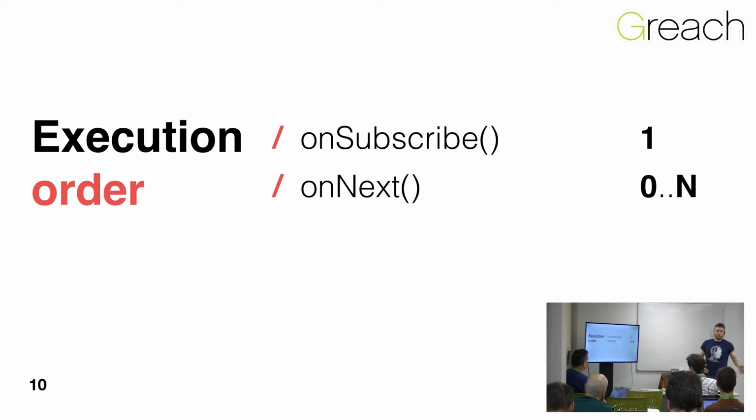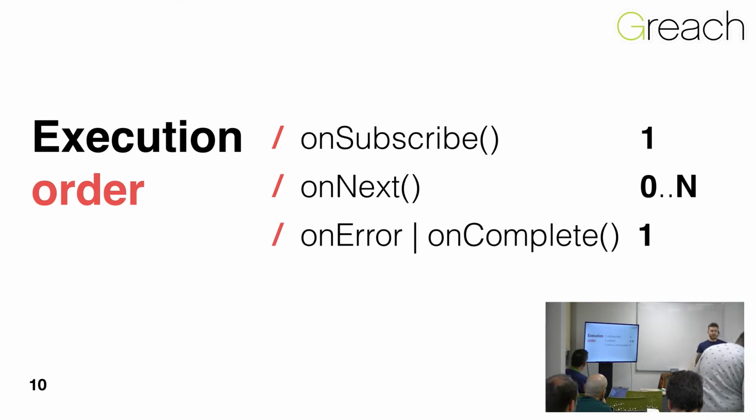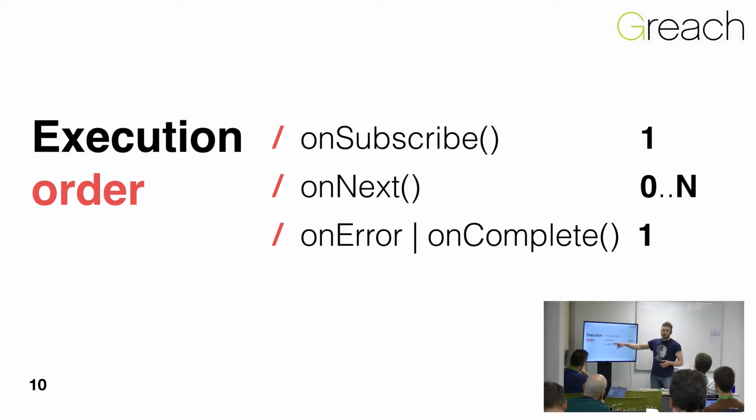As well, a publisher can be an infinite stream of data, so it can invoke the onNext method an infinite number of times. Finally, there is a terminal method, either onError or onComplete, which notifies the subscriber about some error or about completion of the stream. I would like to draw your attention to the fact that we can handle only one of those, either only onError or only onComplete, not both at the same time. This is important. Is that clear?